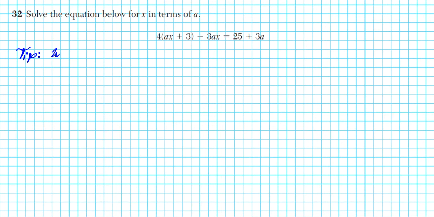When solving a formula for a variable, in this case x is what we're solving for, we're not looking for the solution, we're just isolating x.